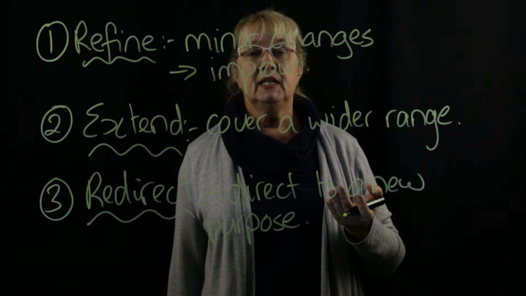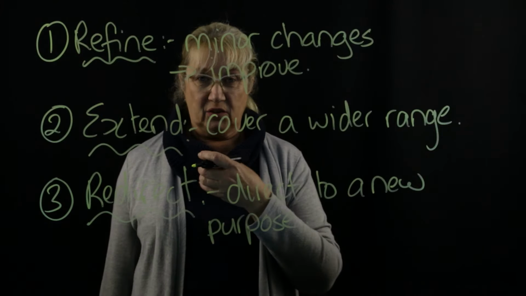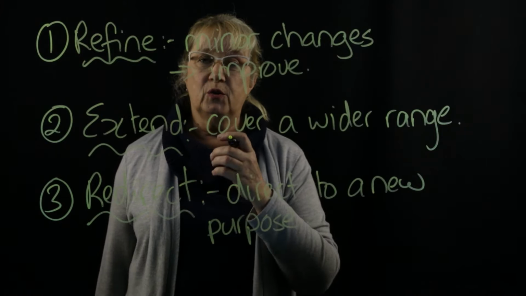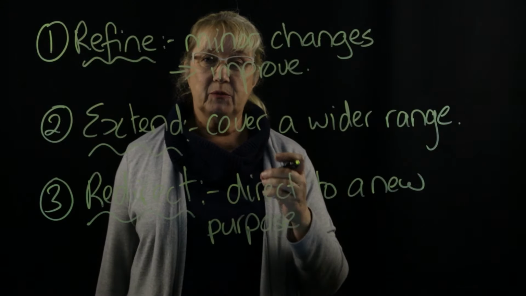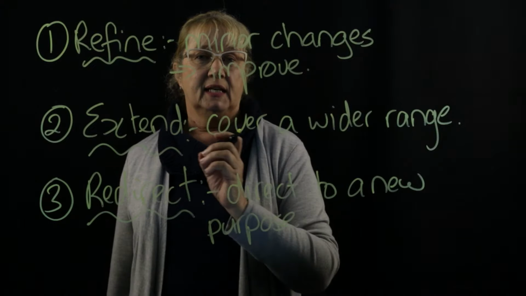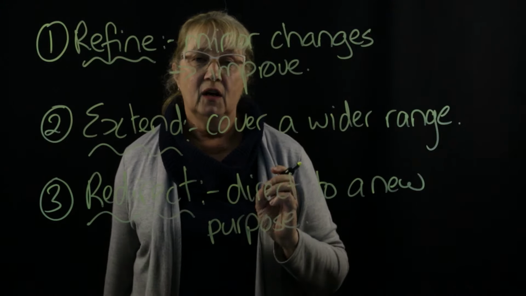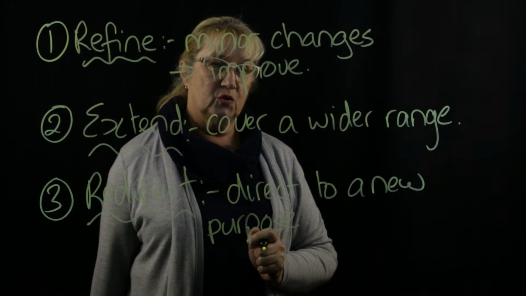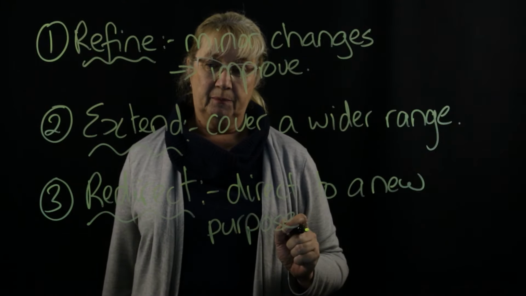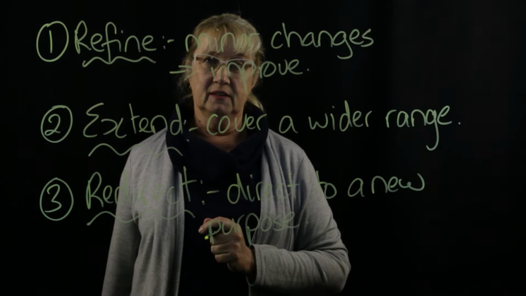For example, if your Classprac involved looking at the effect of surface area on the rate of an enzyme controlled reaction, you might want to look at, instead of surface area, the effect of temperature on the rate of an enzyme controlled reaction. So you have changed the purpose of the investigation.